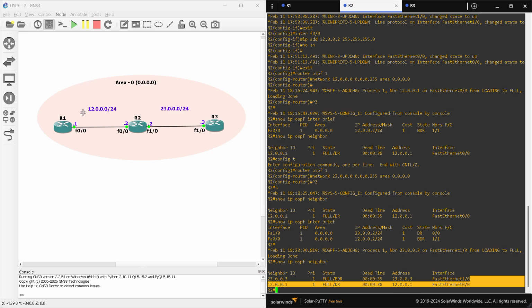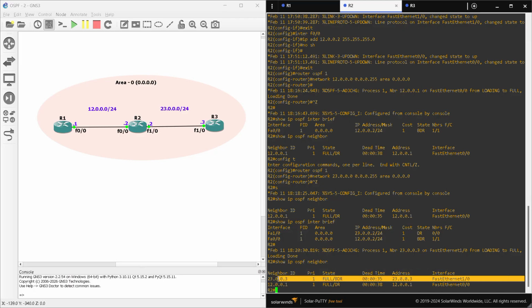And this is our other neighbor, having this router ID, which is our R3, with this IP address and this interface.